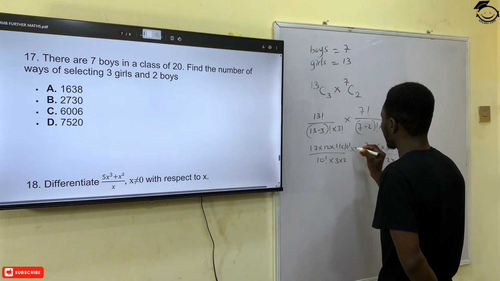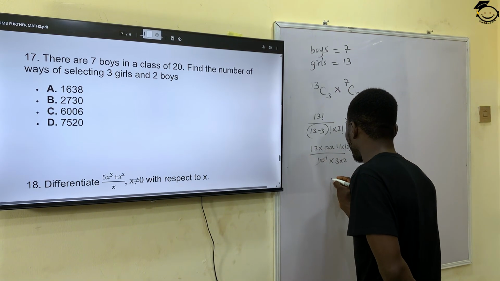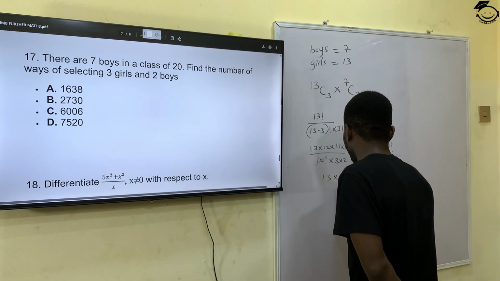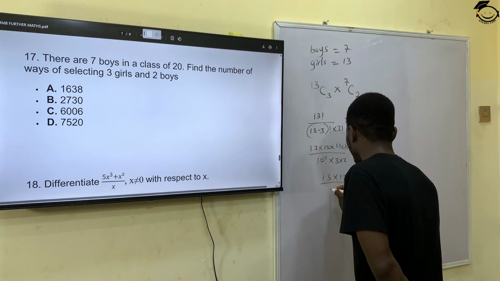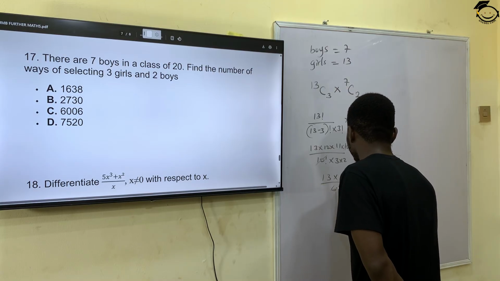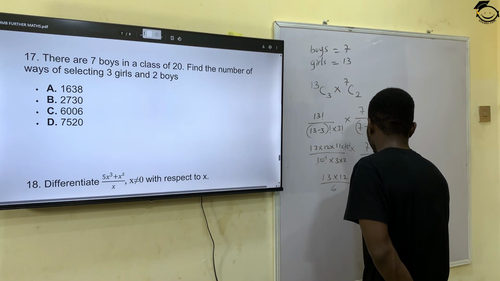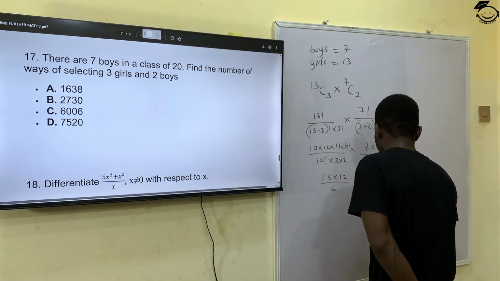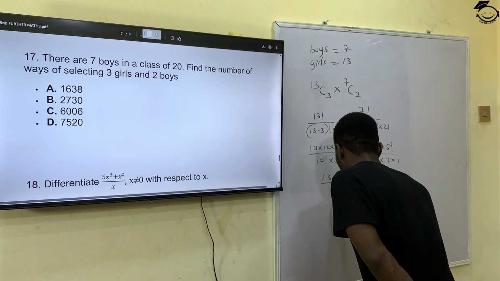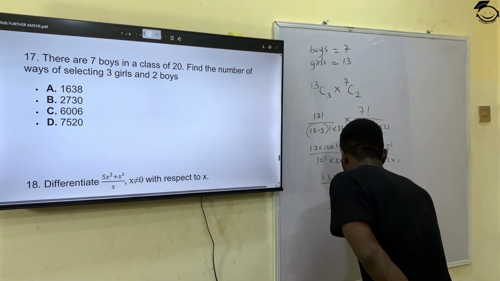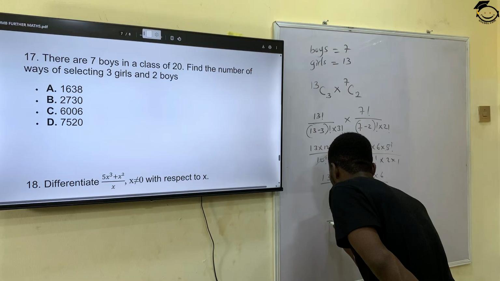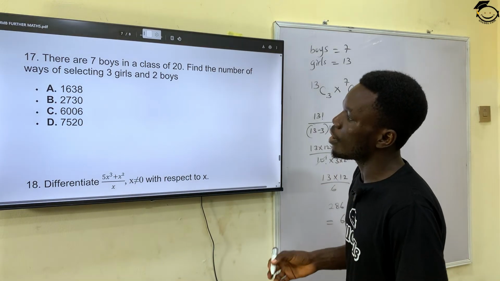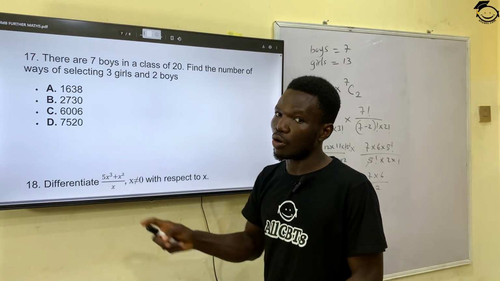So 5 factorial will cancel, and 10 factorial will cancel. So I'll have 13 times 12 over 6, times 7 times 6 over 2. So this will give me 286 times 21, which will give me 6006. So looking at our options, that is option C.